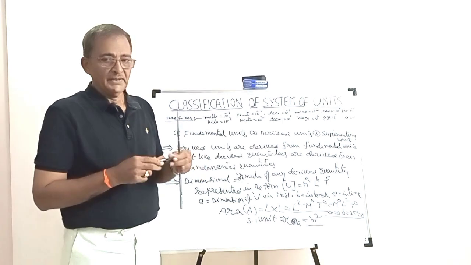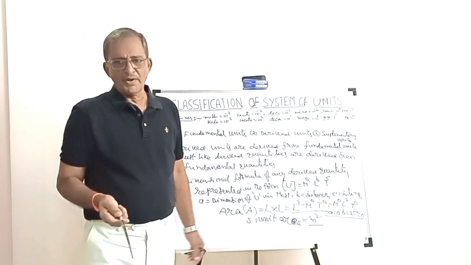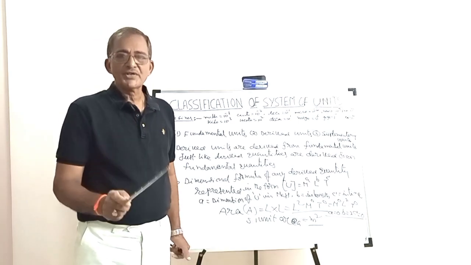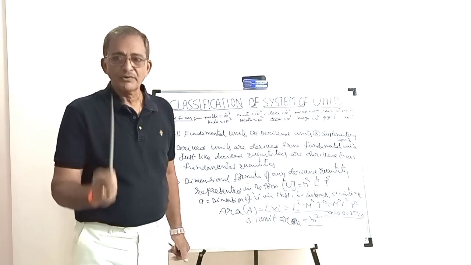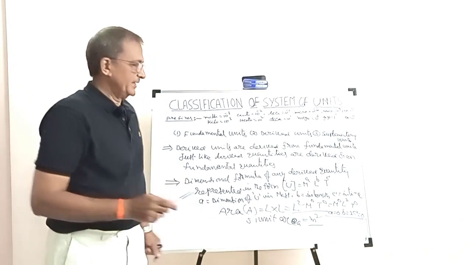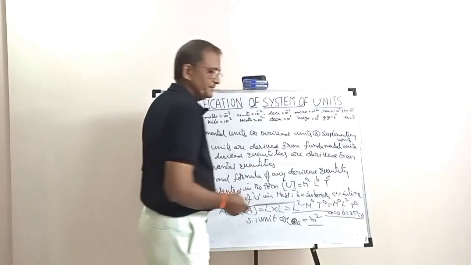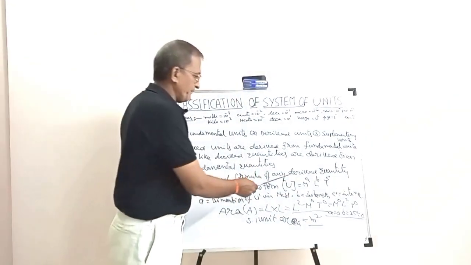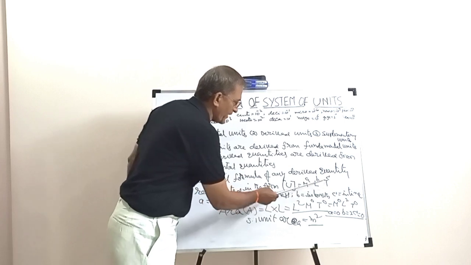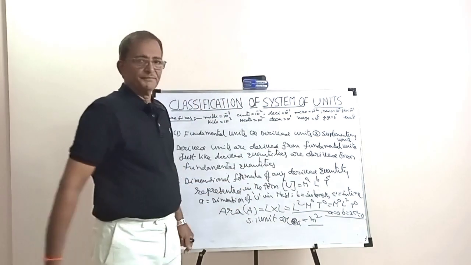In this way, we can derive the units of any derived quantity, provided you know the dimensional formula of that derived quantity in terms of the fundamentals. And basically, what do you mean by dimension? Dimension is the power to which the units of the fundamental quantities are raised to represent the unit of derived quantity.